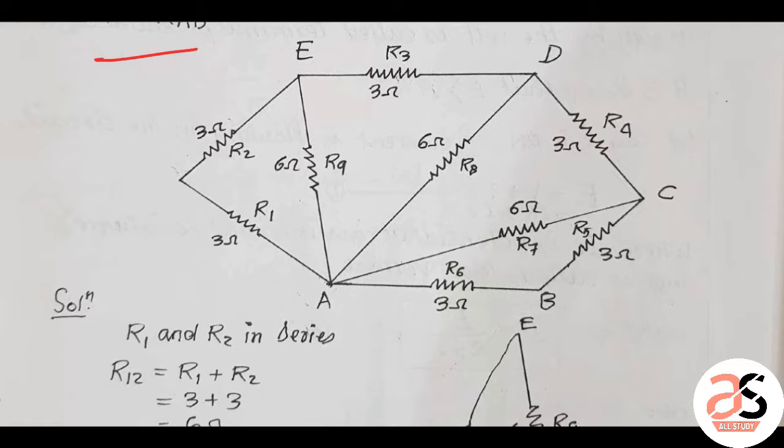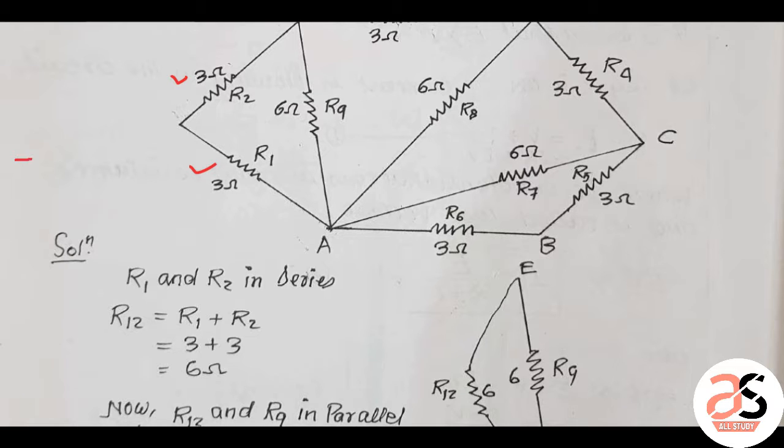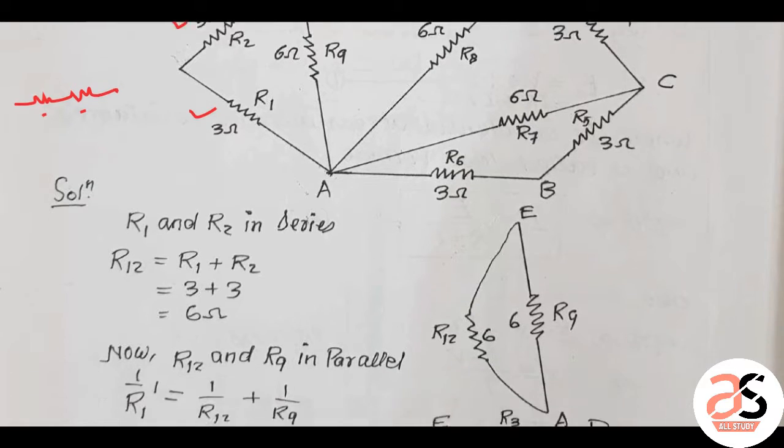We have to find the total resistance across points A and B. In this case, what we have to do is first check these two, R1 and R2. They are in series connection because they are connected like this. So they are connected in series, and its value will be R1 plus R2.